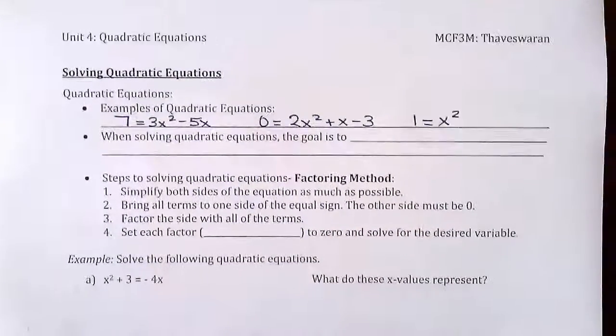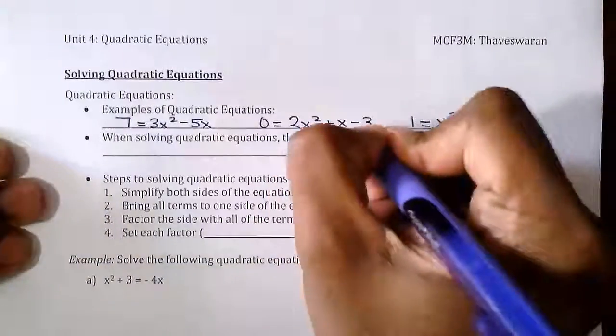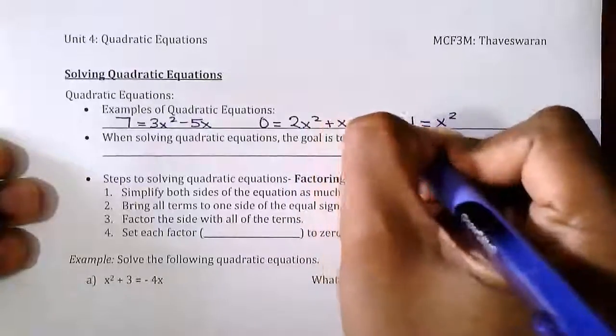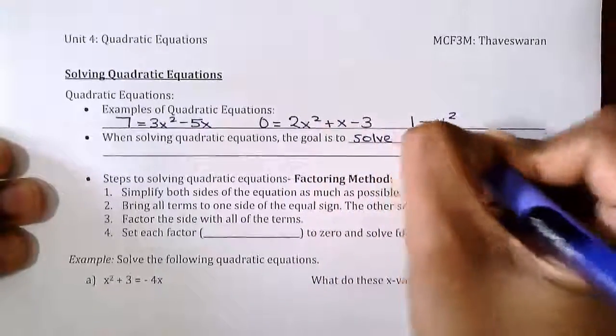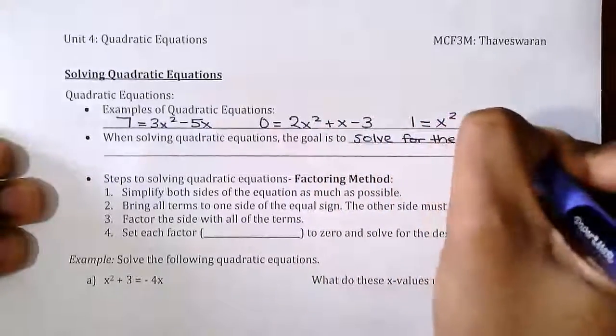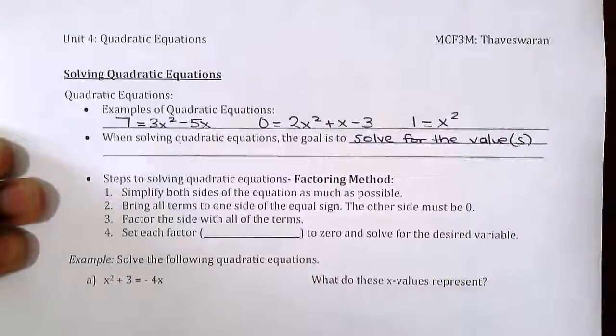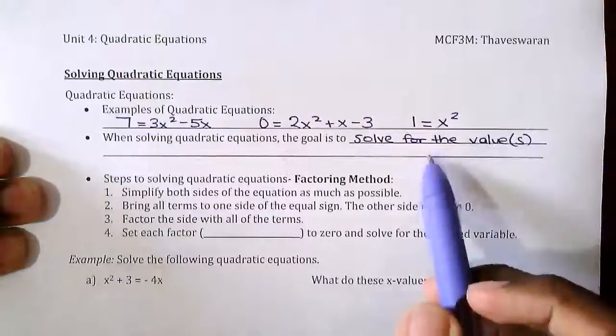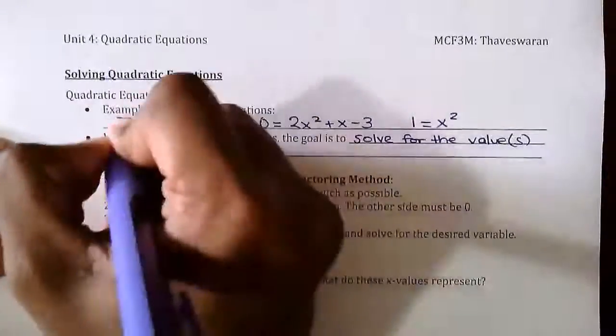So when solving quadratic equations, the goal is to solve for the value(s) of x that make the statement true. I'm going to put the bracket s here because sometimes we may have more than one answer as our x or as our variable.